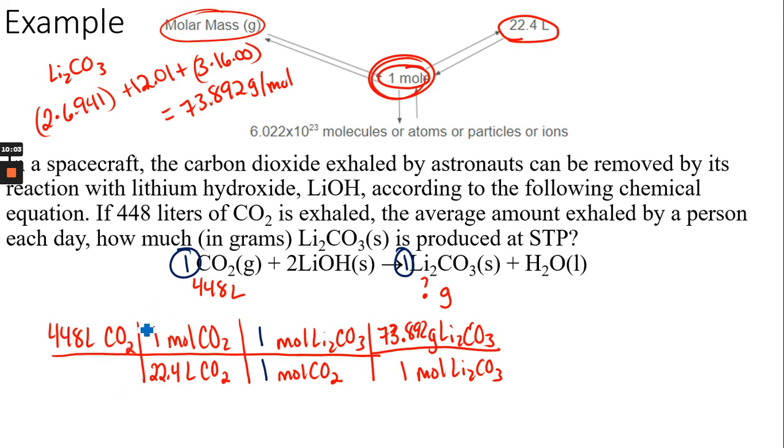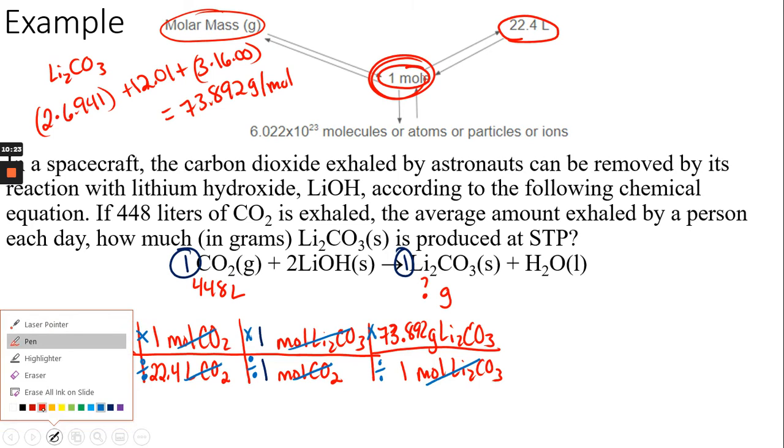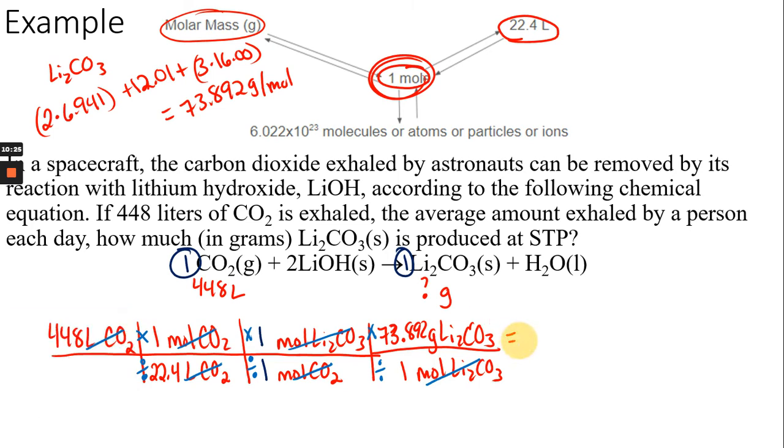Now, when we go and multiply and divide, 448 times 1 divided by 22.4 gets rid of the liters, times 1 divided by 1 gets rid of moles of carbon dioxide, times 73.892 divided by 1 gets rid of the moles of lithium carbonate, leaving us with the unit of grams of lithium carbonate, which is what we're looking for.